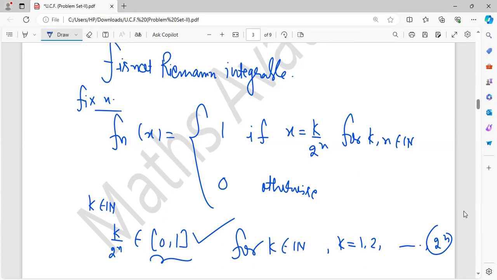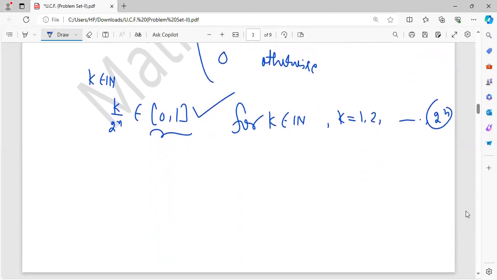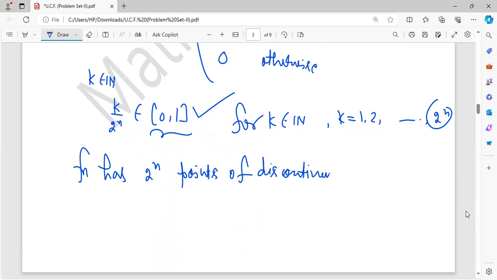It means f_n has 2 to the power n points of discontinuity. And we know that 2 to the power n is finite because n is fixed.